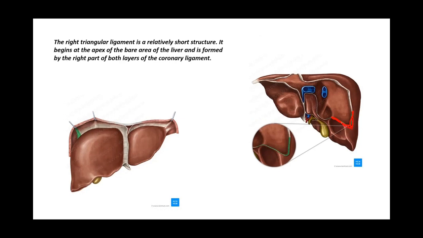This is the apex of the bare area of the liver, and it is formed by the right part of both layers of the coronary ligament, this anterior and posterior layer of the coronary ligament. And you should know the left is formed by the falciform ligament and the coronary ligament.